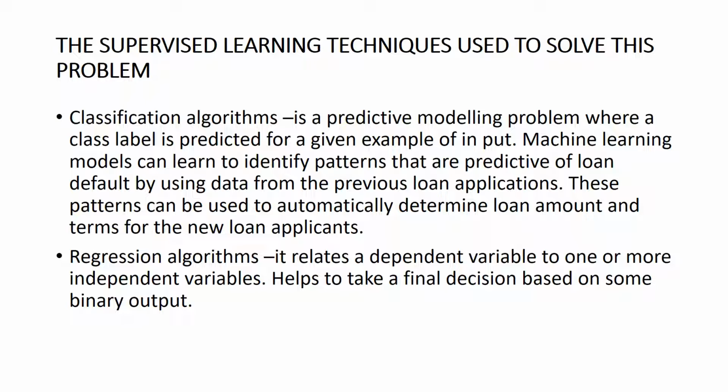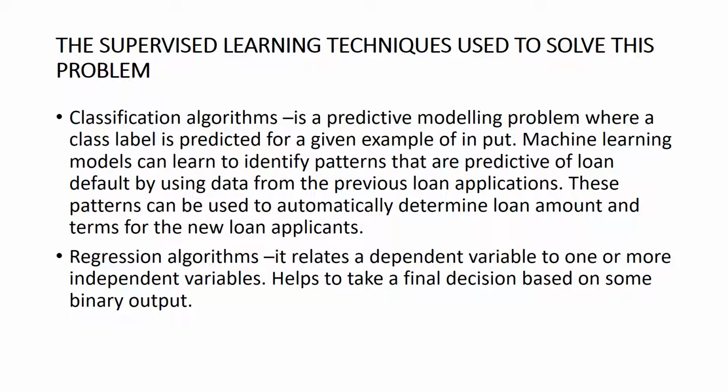Machine learning models can learn to identify patterns that are predictive of loan default by using data from previous loan applications. These patterns can then be used to automatically determine the amount of loan to be given to a new loan applicant. Remember, since this data is labeled, the machine will be able to predict previous loan repayments and everything.